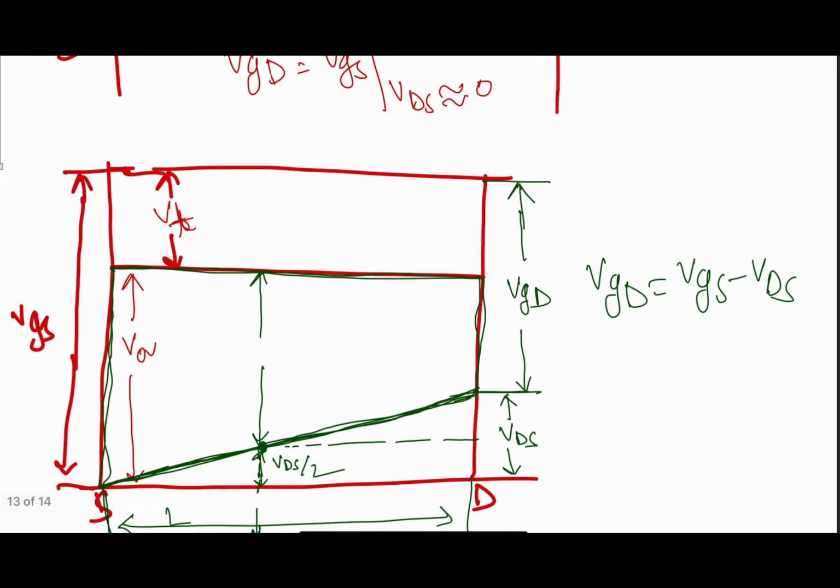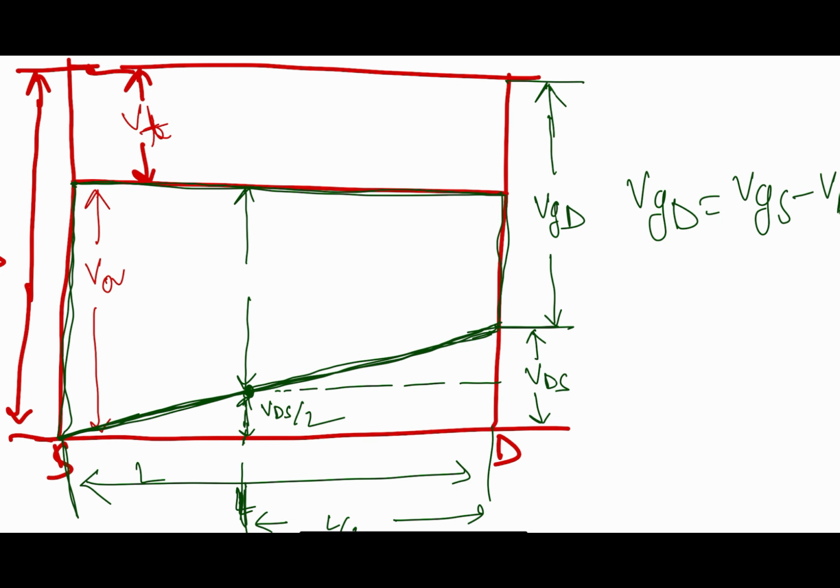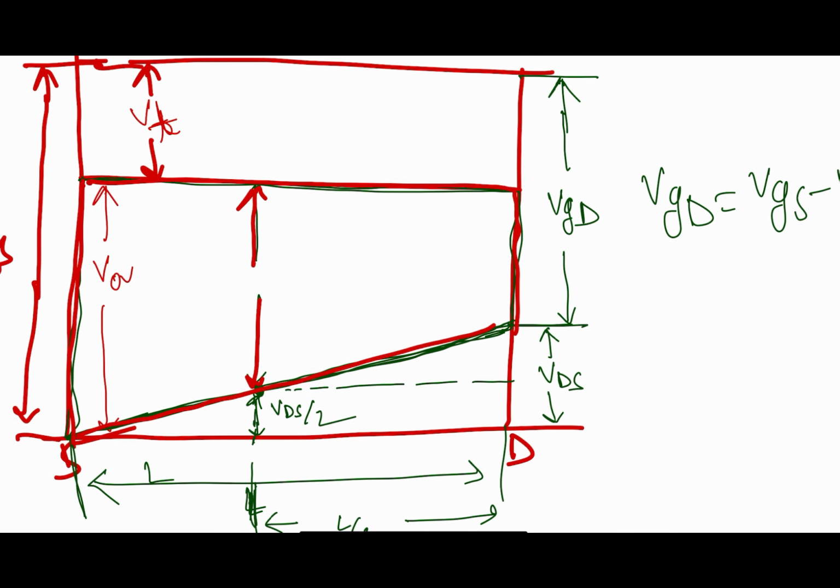But here you can see now the channel width has changed. As the channel width has changed, now I need to calculate the average voltage across this channel. So I need to know the voltage value of this one. Now let's see. What will be the value of this one? It will be VDS by 2. From here to here will be VDS by 2.